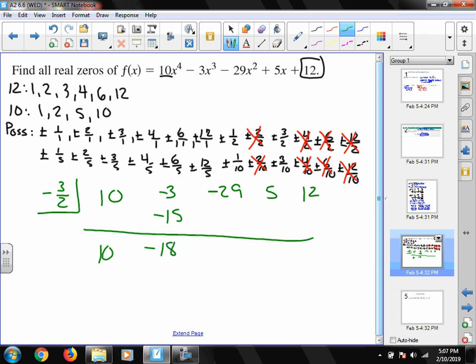Times -3/2 is going to give me 27. I get a -2. Get a -3. Signs make a difference. I get 8, and I get a -12 when I multiply 8 by -3/2. I get 0.